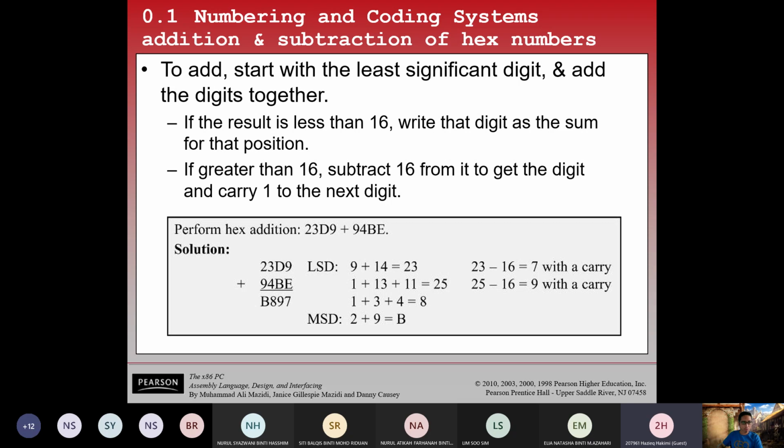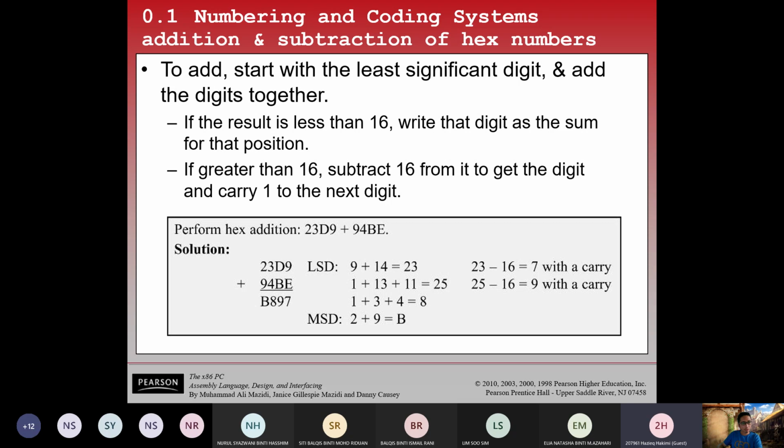So here, 3, 4, 5, that gives 25. You need to minus back with 16. 25 minus 16, you obtain 9. So you put 9 over there.